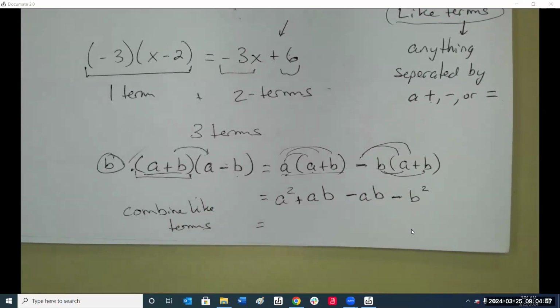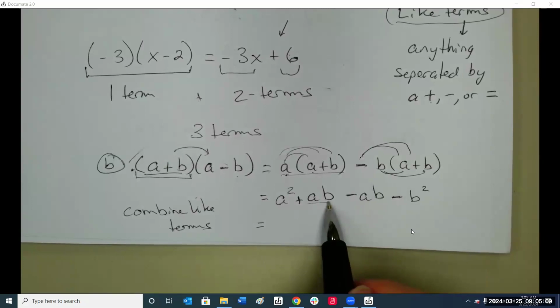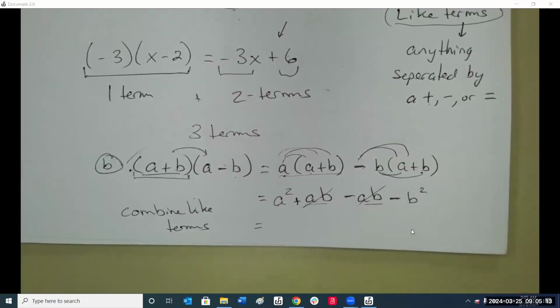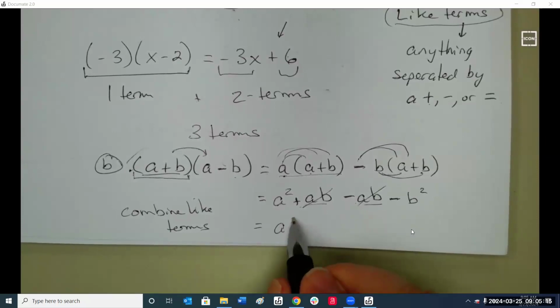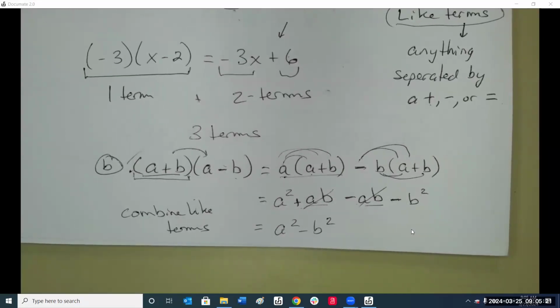Also stress the fact that whenever you get rid of parentheses, always combine like terms next. So do we have anything that looks the same here? Yeah. They're both ABs. One's positive, one's negative. That means they cancel each other. So we have A squared minus B squared, and that has a name.